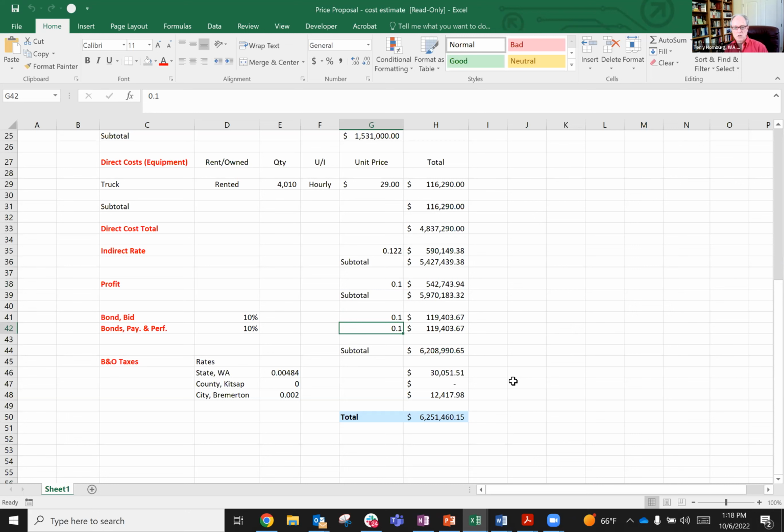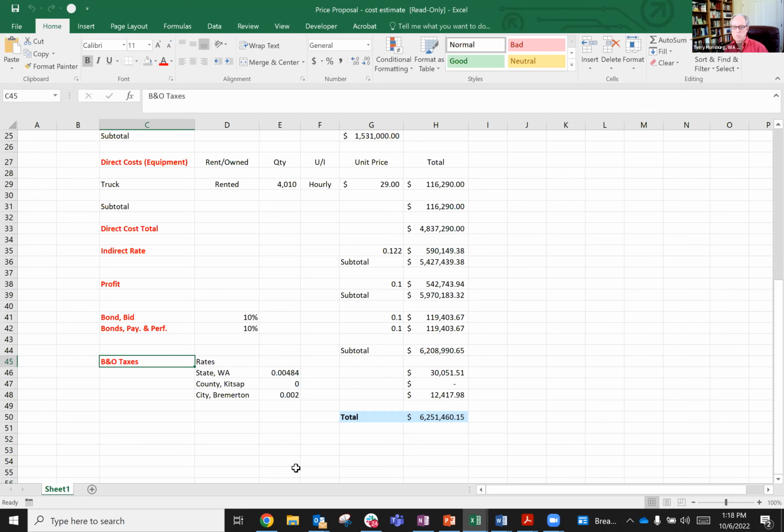Then we'll get into B&O taxes. Washington State has B&O tax. It's a source of revenue for the state. But what a lot of companies don't know, and a lot of contracting officers from the various agencies don't know, is that the state is not the only entity that levies B&O tax in the state of Washington. The counties and the cities do too. So you have to put those line items in.